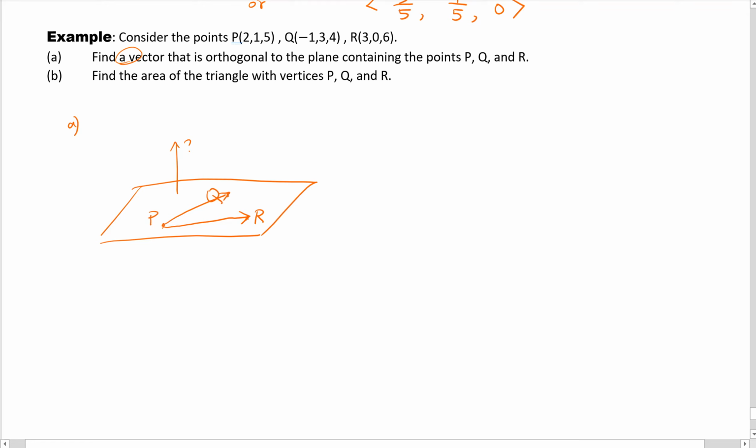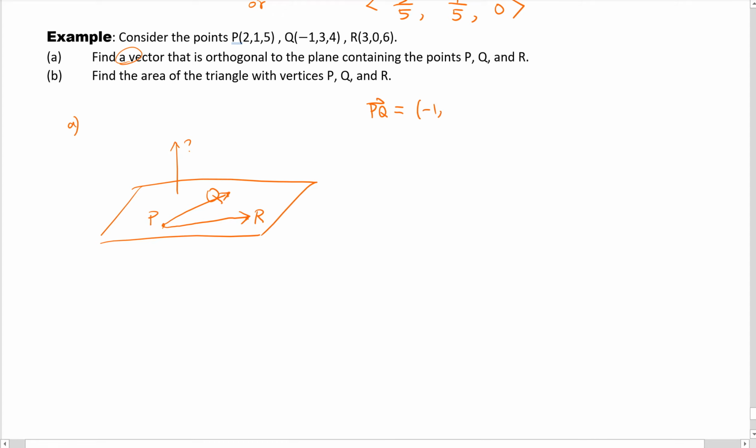In this problem, we just need to find a vector, so there could be many answers. You can use PQ cross PR, or you can use QR cross PQ, or PR cross QR. So a lot of answers to this problem. So what's PQ?